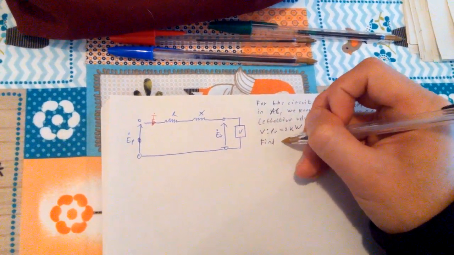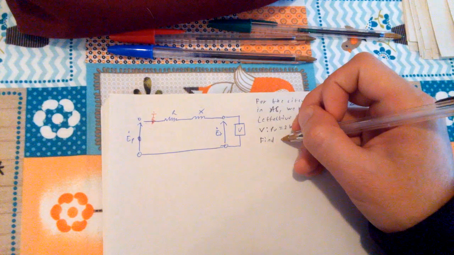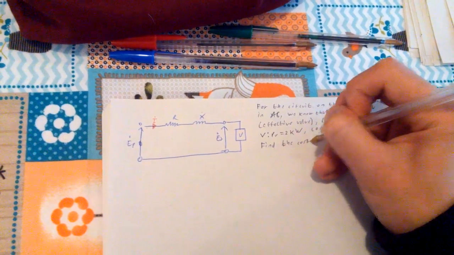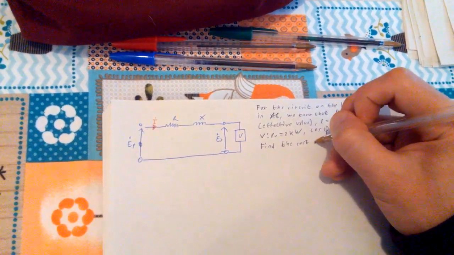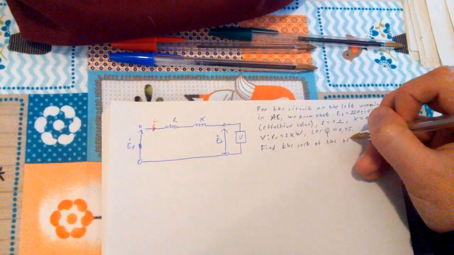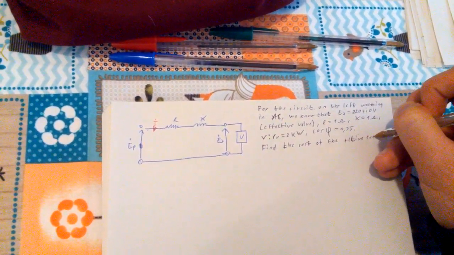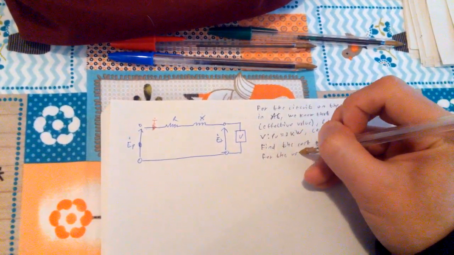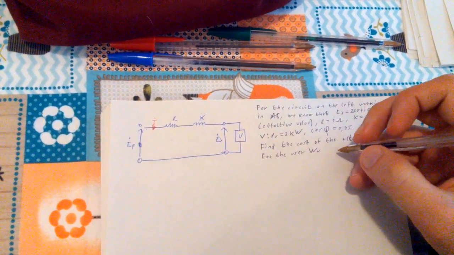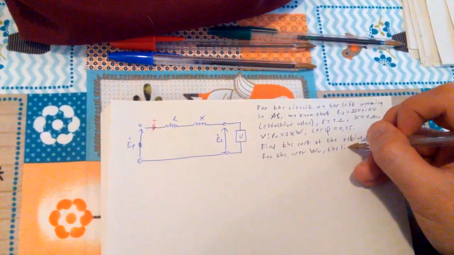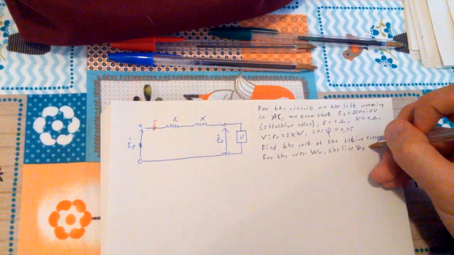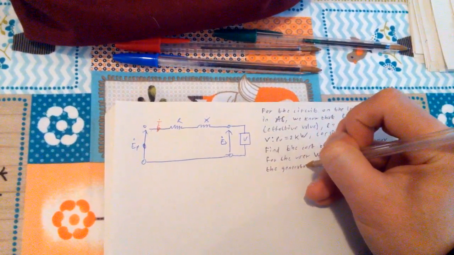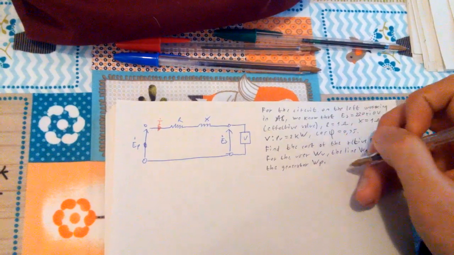find the cost of the active energy for the user WU, the line W1, and the generator WP.